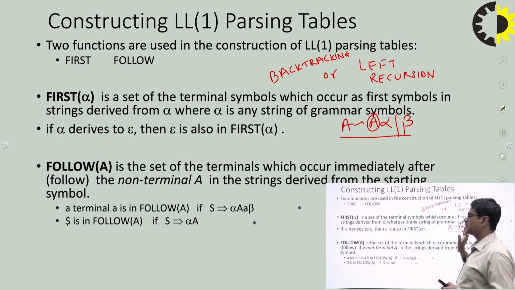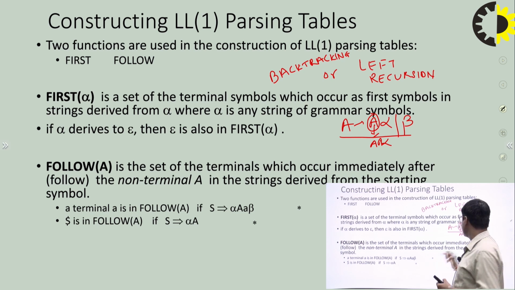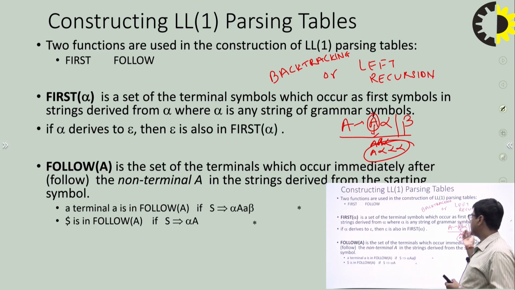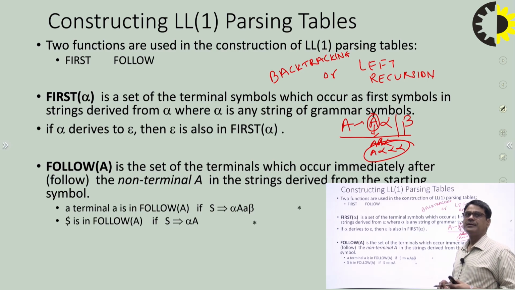So with such a production, the program might call A by A alpha, then A alpha alpha, then again A alpha alpha alpha, and the process might go into an infinite loop. That is the basic problem with the top-down parser. So it is necessary to check the problem of left recursion for the given grammar for which you are going to apply this top-down or predictive parser.